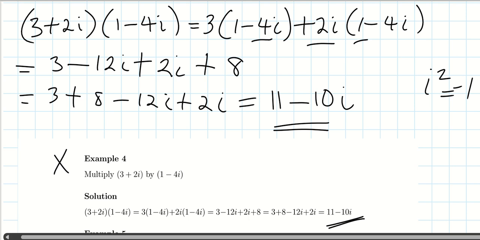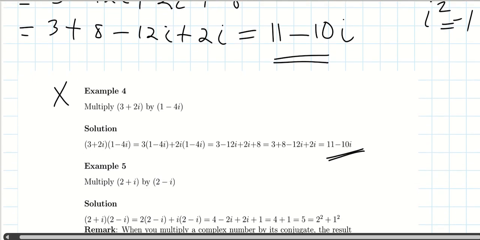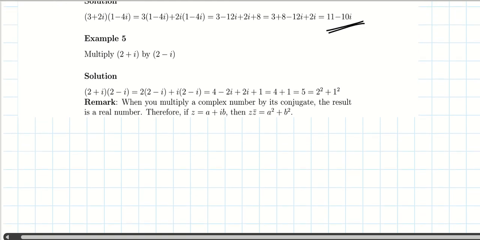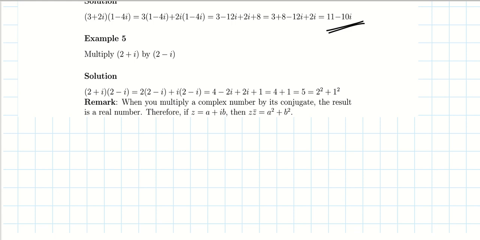Then when you check, a similar procedure is performed for example number 5, and you can see clearly that in example 5, we are multiplying the conjugate of the complex number by itself. So we have 2 plus i times 2 minus i.